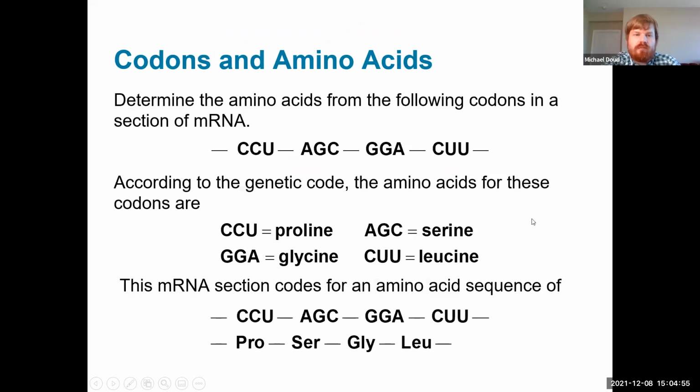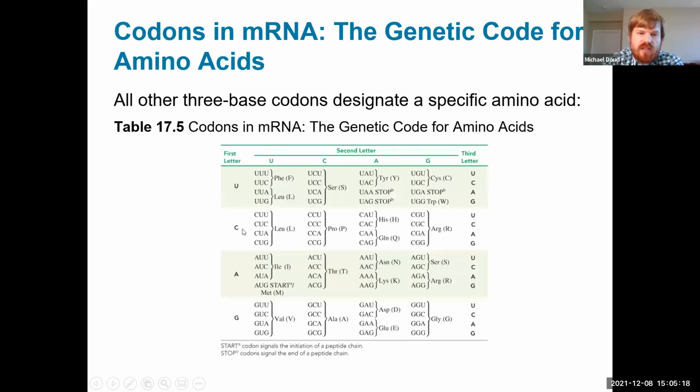Okay, so let's say that I gave you CCU, AGC, GGA, CUU, and I asked you what amino acid structure is going to follow from the codons given here. Well, first you split it up into 3s. So CCU is first. If we look up CCU on the table, that codes for proline.